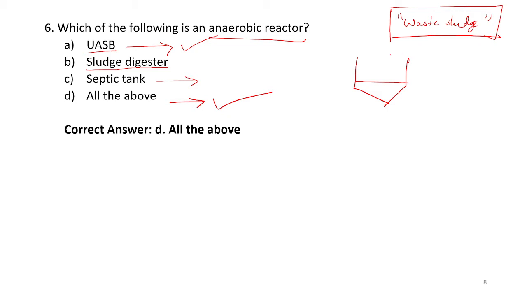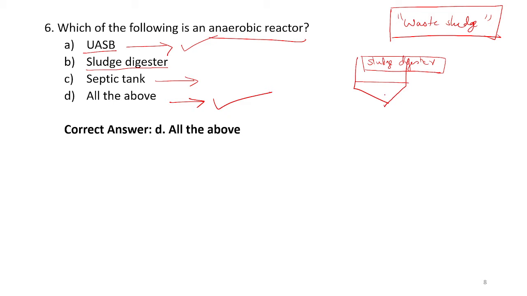So the sludge digester is usually used for digestion of this sludge. As the COD value or organic content of the sludge would be very high, we always go for anaerobic treatment due to various reasons.